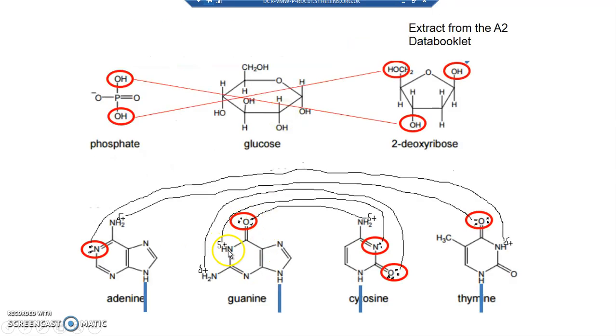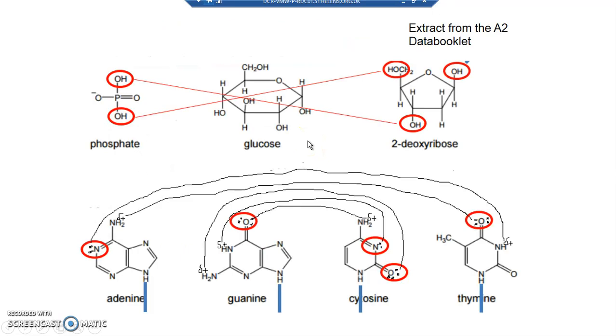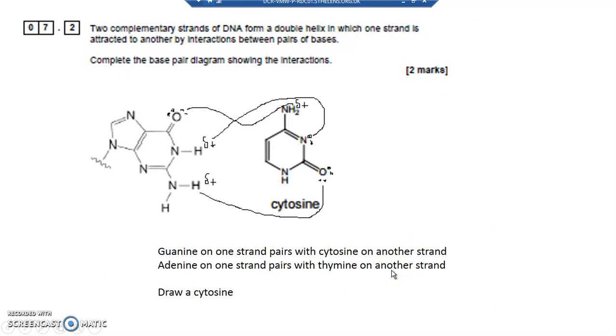I've got an NH on the guanine linking to an N lone pair, and then finally I've got an NH2 on the guanine linking to an O lone pair.